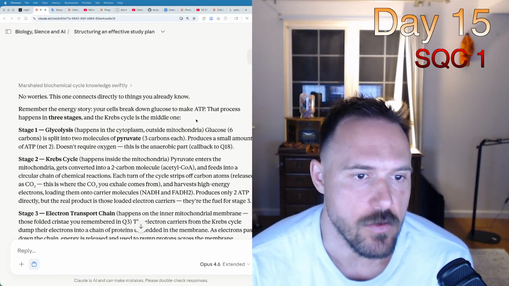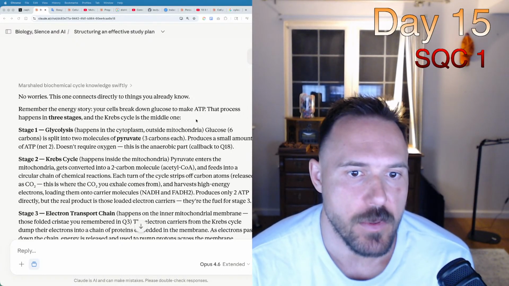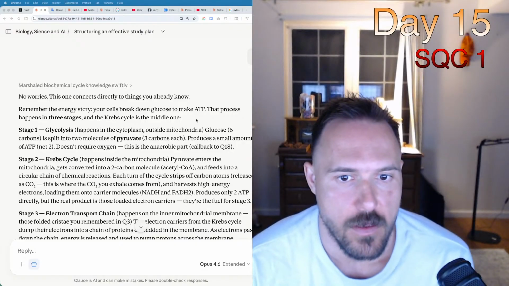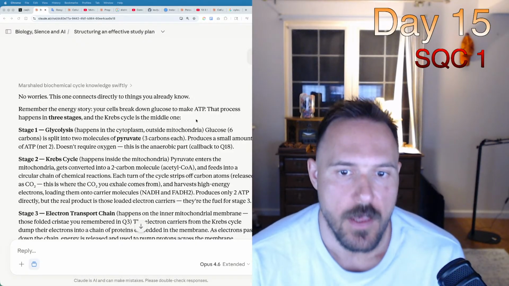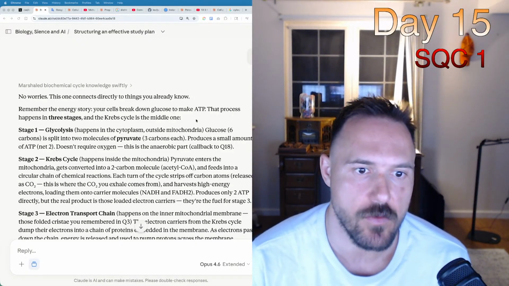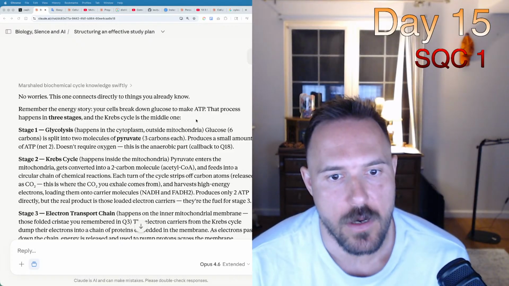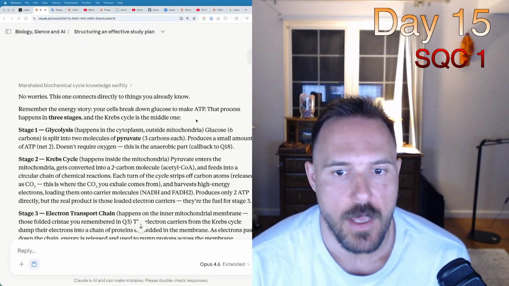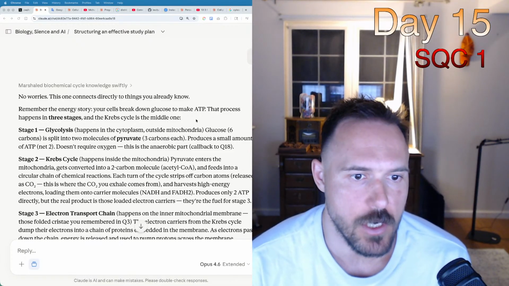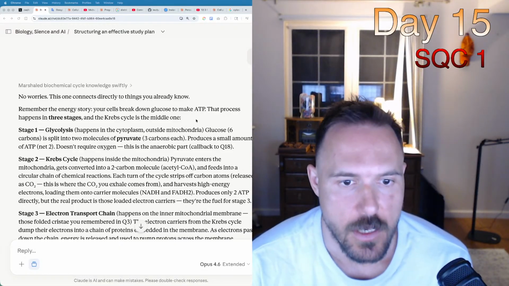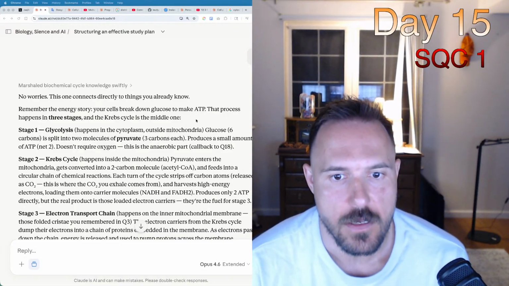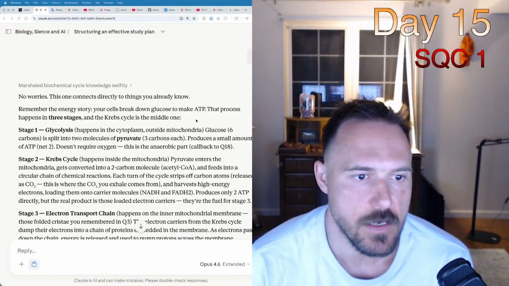Stage 2, the Krebs cycle, happens inside the mitochondria. Pyruvate enters the mitochondria, gets converted into a 2-carbon molecule, and feeds into a circular chain of chemical reactions. Each turn of the cycle strips off carbon atoms and releases CO2.